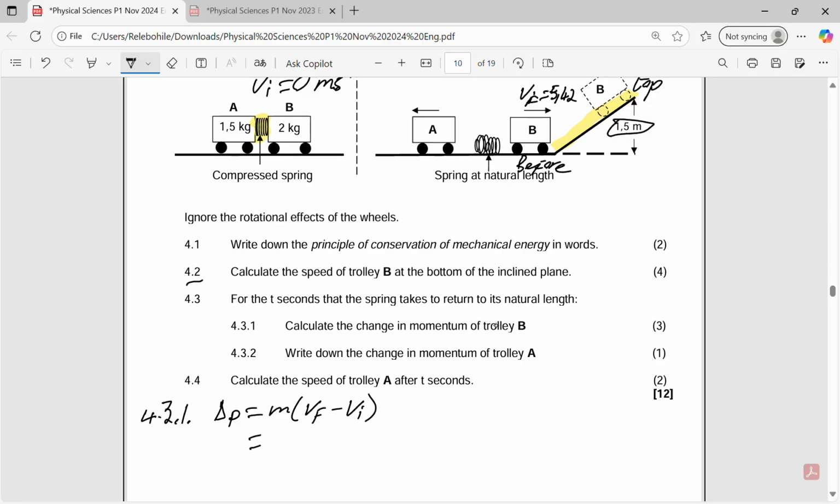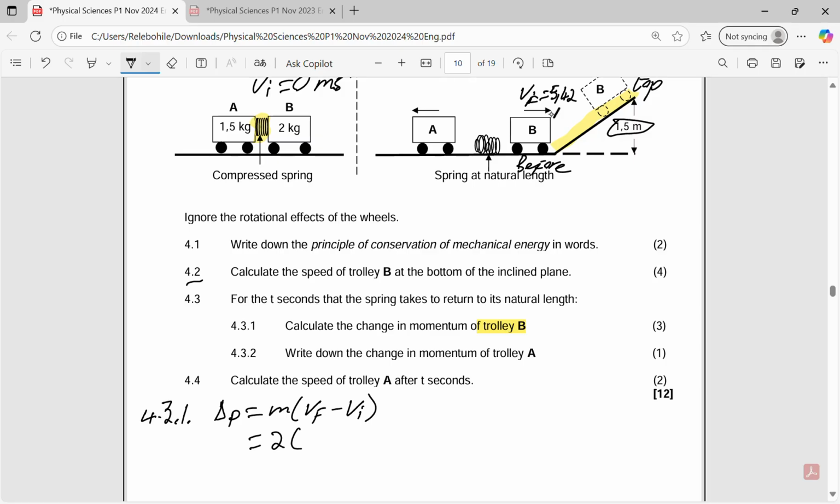Remember, we are dealing with trolley B, and the mass of trolley B is what? 2 kg. So where we see m, we are going to put 2 in brackets. We are going to take our direction to the right as positive, because our trolley B obviously moved to the right while our trolley A moved to the left, right?